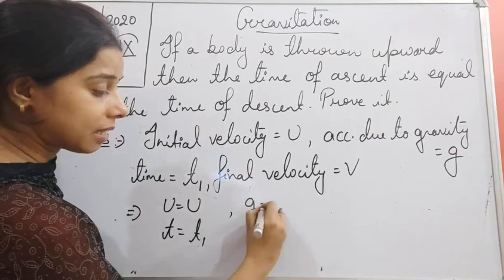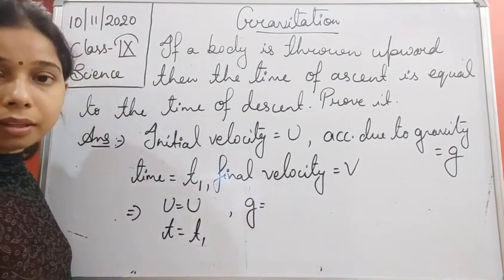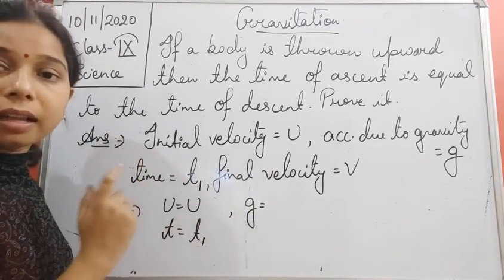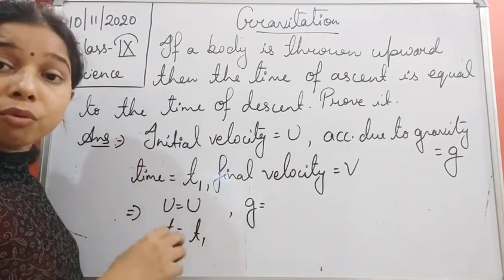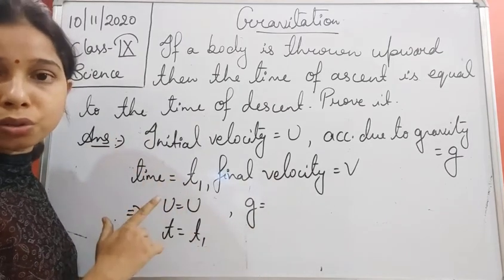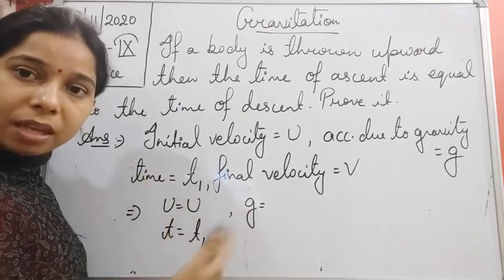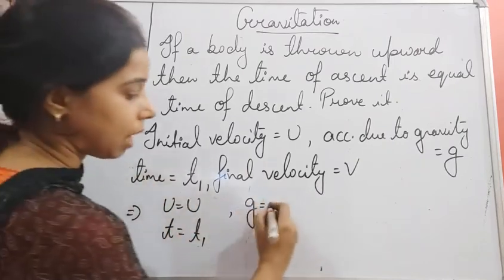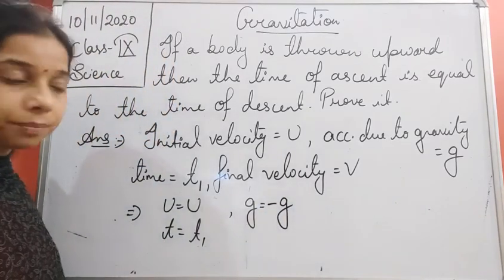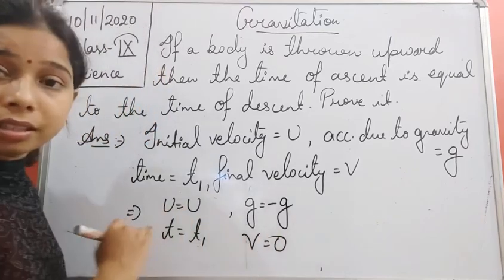What will be the acceleration due to gravity? You all know that when you throw the ball in the upward direction, it is moving away from the earth. So the acceleration due to gravity will be negative, minus g. And the final velocity will be equal to 0.